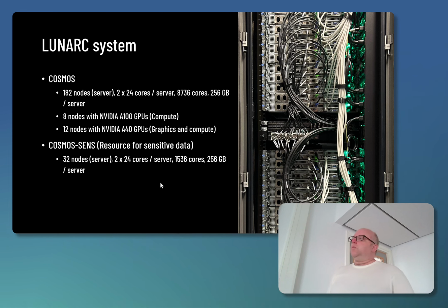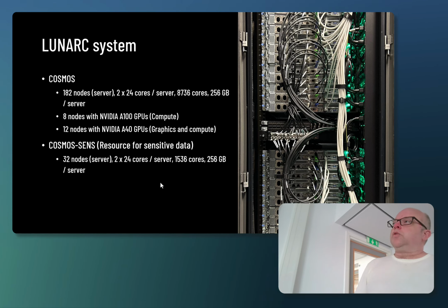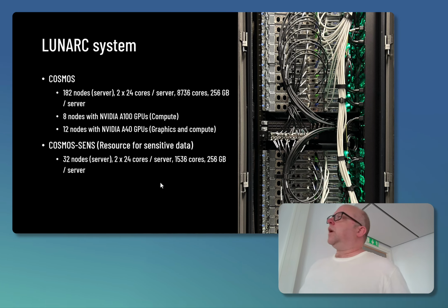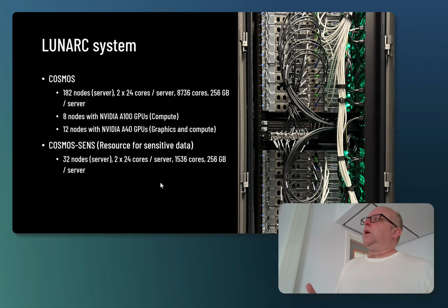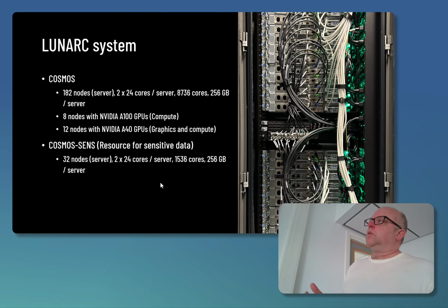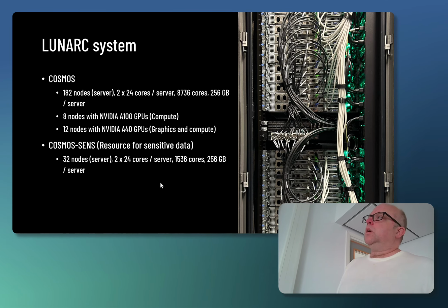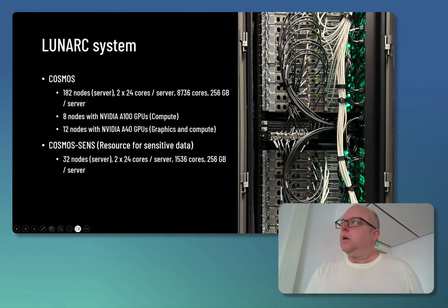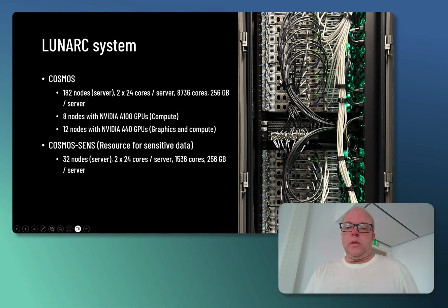So the current system we have today, Cosmos, is 182 nodes, where every server has two 24-core AMD processors. So in total we have 8,736 cores or CPUs, and there is 256 gigabytes per server. The servers are these racks here. So this is one server, this is the next server, and they are inserted into a rack.